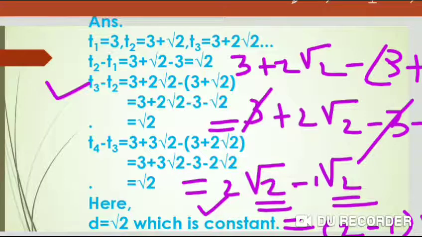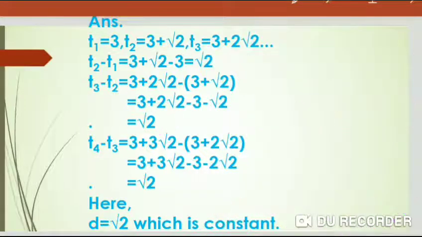Therefore, it can be written at once. Now 2 minus 1 is equal to 1, and root 2 is written as it is, but we do not write 1 here. Therefore, this can be written as only root 2. Understand, students? We get the common difference D is equal to root 2.